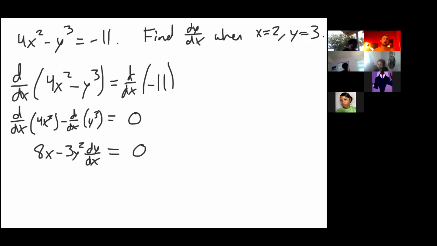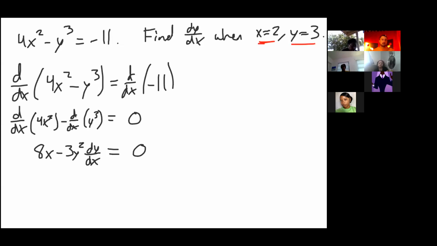So the derivative of y cubed will be 3y squared dy dx. Then from there, I've done all the calculus. Now I just need to do my algebra. Solve for dy over dx, and then plug in the 2 values for x and y.